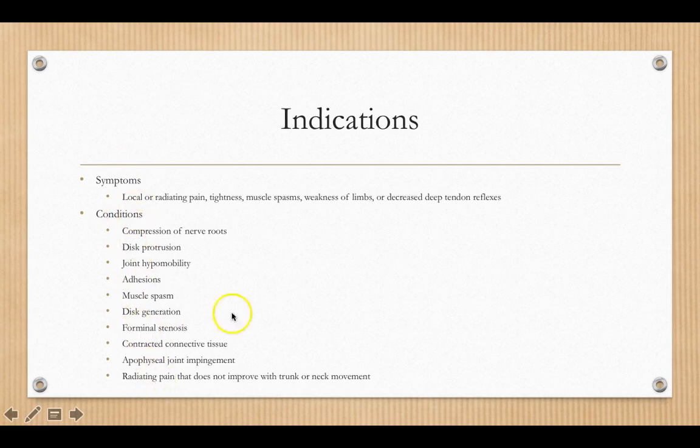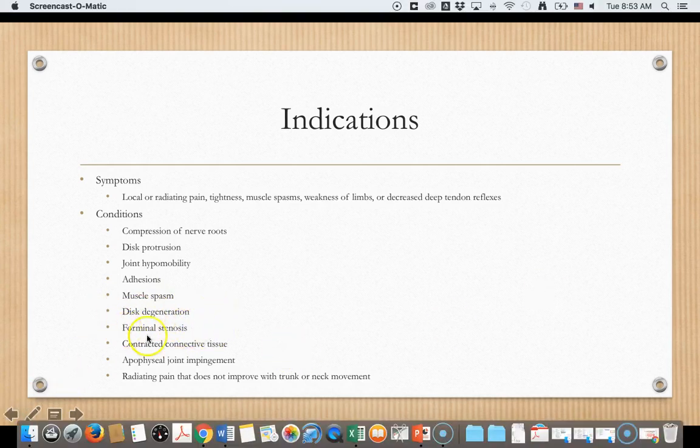Typical conditions that cause those symptoms, again, disc protrusions, disc or joint hypomobility, compression on the nerve roots, any adhesions or muscle spasms, disc degeneration, stenosis of the area, contracted connective tissue, so again, joint contractures, those facet joint impingements, and any radiating pain that doesn't improve if we change trunk or neck movement. So again, never used alone, used with exercise, used with other modalities.